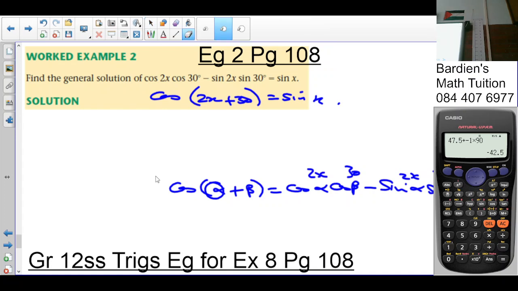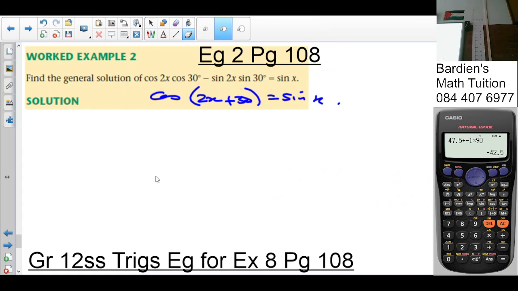So what do I notice here? We've got cos of an angle equals sine of an angle. But what did we say of a different angle? What did we say? If there's a coefficient of 1 in front of the cos, or a coefficient of 1 in front of your ratio, then I can make the ratios the same and then drop it.